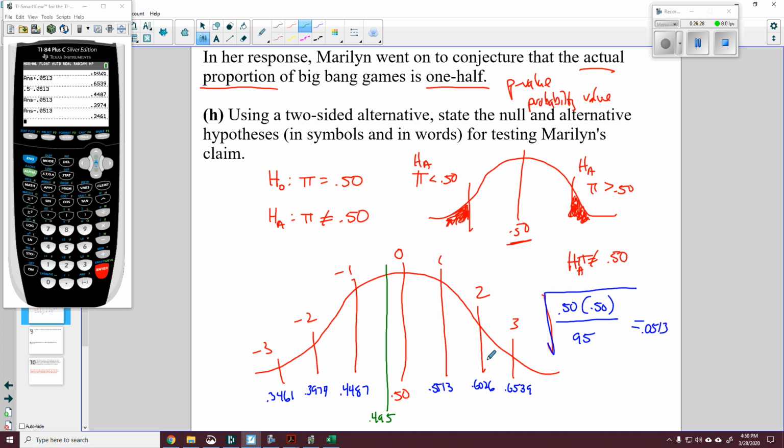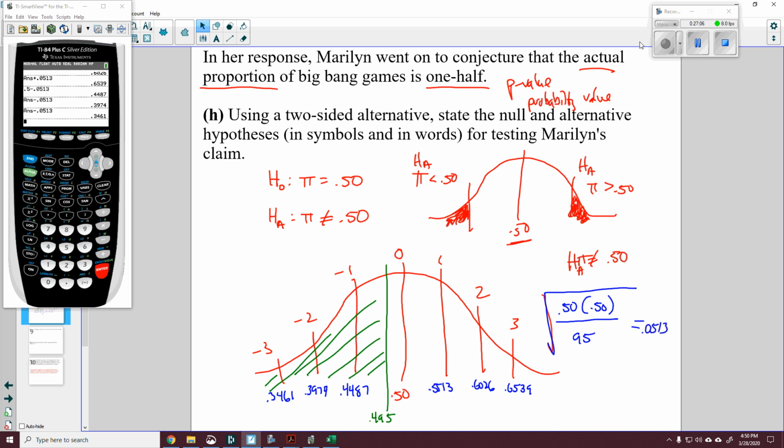So my statistic is on the lower side of my null hypothesis. So I am concerned about the probability. Bear with me here a little bit. This is the probability of having a sample of 95 that has 0.495 proportion of Big Bang games. So let's find out what that probability is right there.